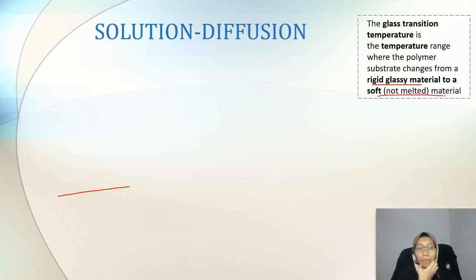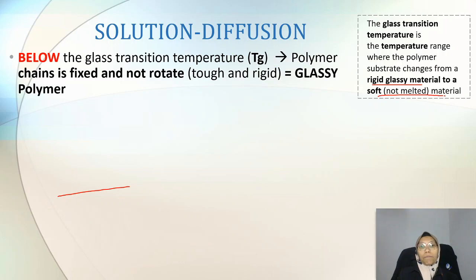Imagine you have a glass. When you heat it, the glass becomes melted, but not completely a liquid. So that is what we call a soft material, when you can reshape the glass. That is what we call the glass transition temperature.